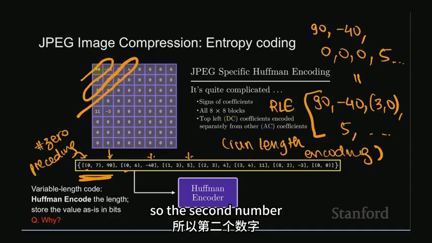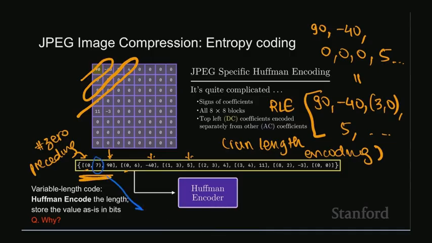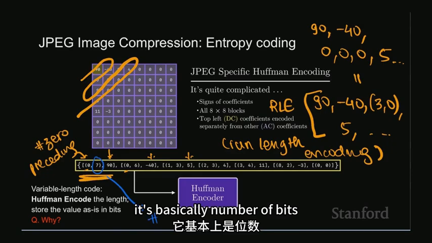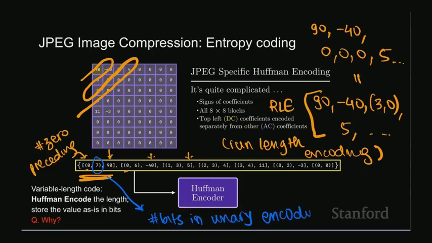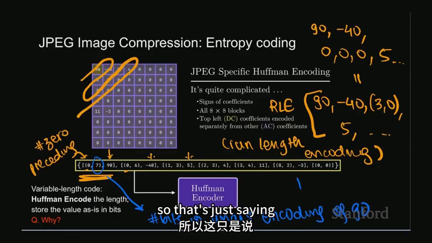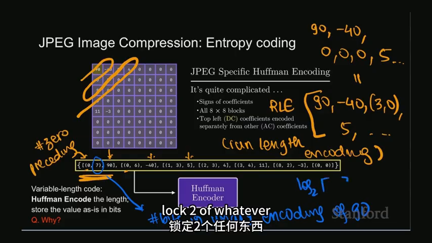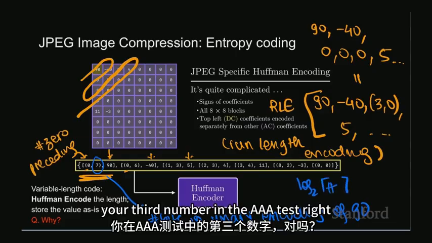So the second number here is basically the number of bits in unary encoding of 90. So that's just saying log 2 of whatever your third number in the triplet is, right?